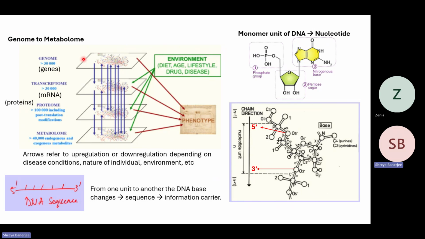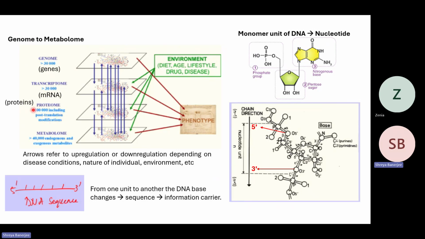If we look at this in another way, you have the genome, that is the set of genes that an organism has, and there can be more than 30,000 genes. From there, transcription leads to the transcriptome, that is each gene is forming one mRNA. So there are more than 30,000 mRNA as well. From these mRNA through translation, you have the proteins.